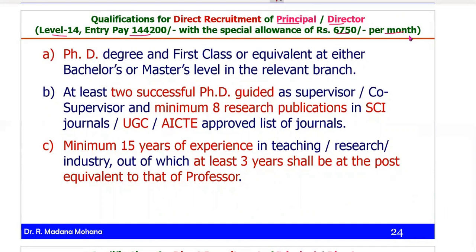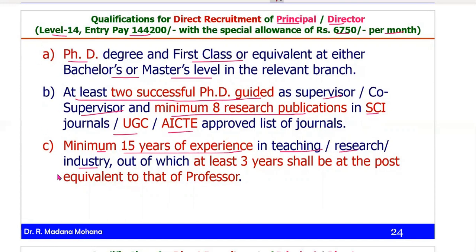So the basic requirements: first, a PhD degree and first class or equivalent at either bachelor's or master's level. Then 2 successful PhDs guided as a supervisor or co-supervisor, and minimum 8 research publications in SCI or UGC or AICTE approved journals. Then minimum 15 years of experience in teaching or research or industry or all together.